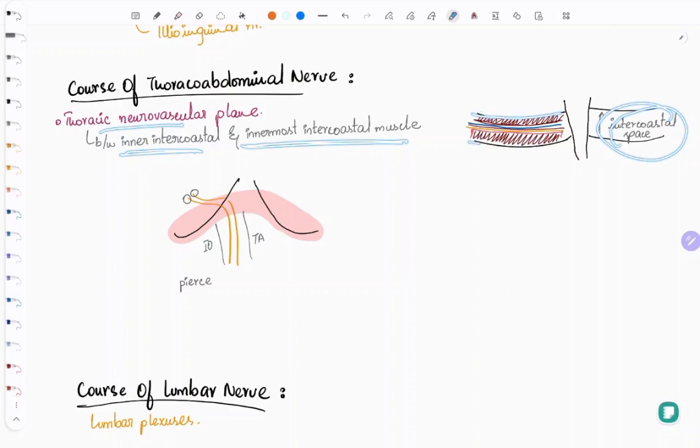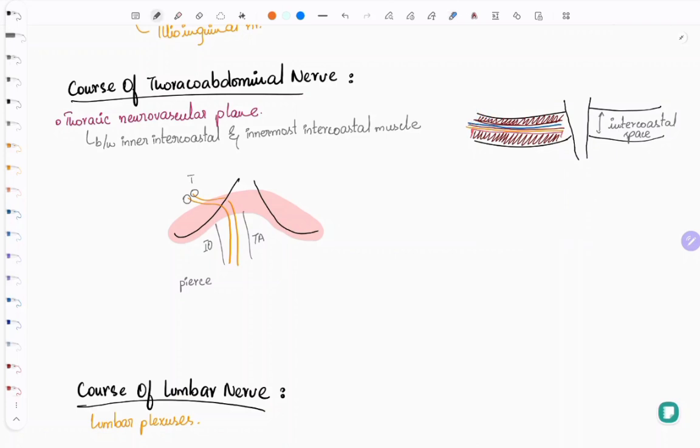The intercostal space is the space between two ribs. Within this intercostal space, you can see the innermost intercostal muscle and the internal intercostal muscle. Between them is our neurovascular plane consisting of the intercostal nerve, intercostal artery, and intercostal vein.